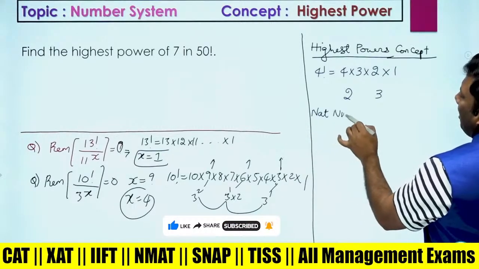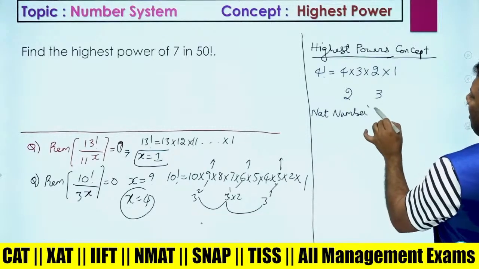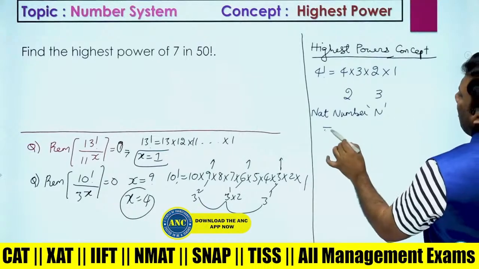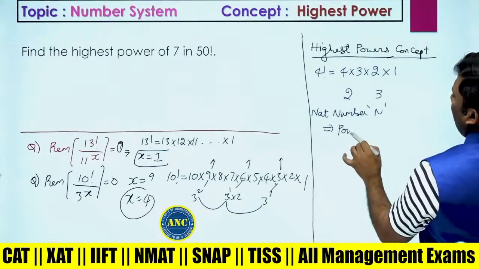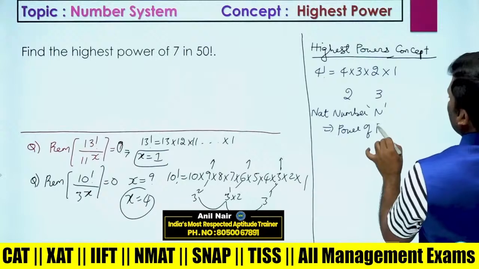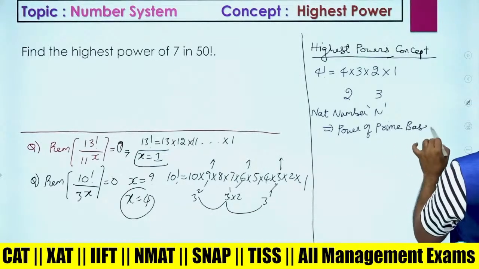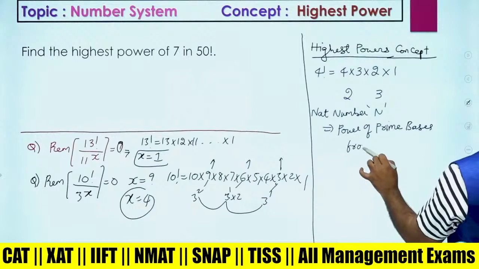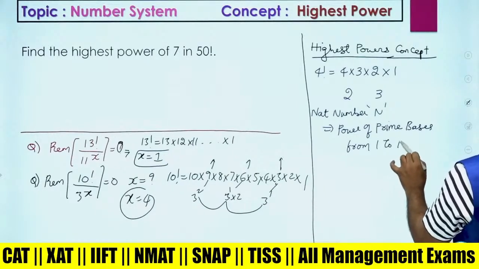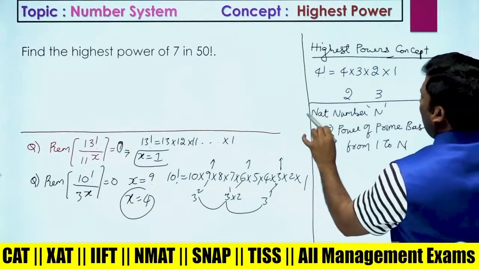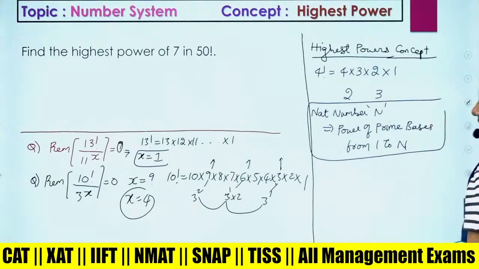Natural number n, please write down this point. A natural number n can be written as a power of prime bases from 1 to n. Make a note of this point. Obviously, it will be from 1 to n, so it cannot be greater than n.